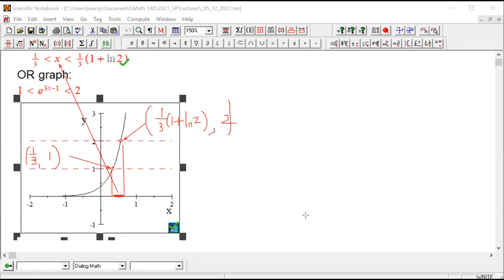Did I make myself clear? Are you there? You got it? Good, okay. In a lot of situations, you can just do it by algebraic manipulation.